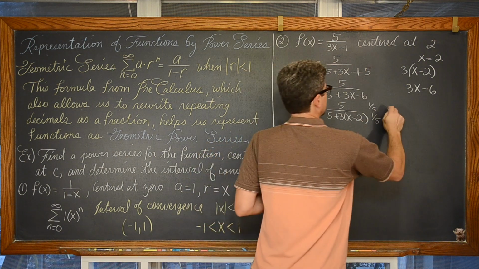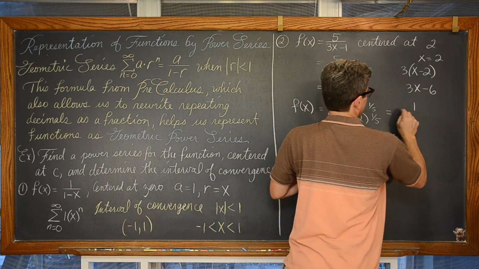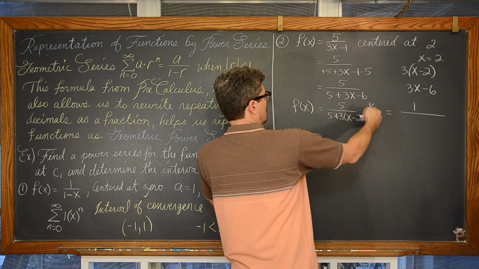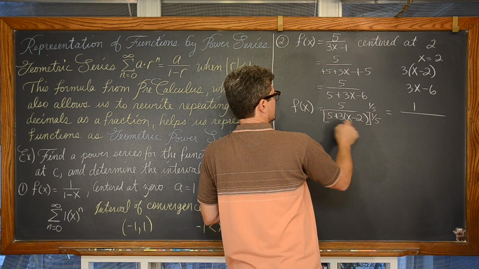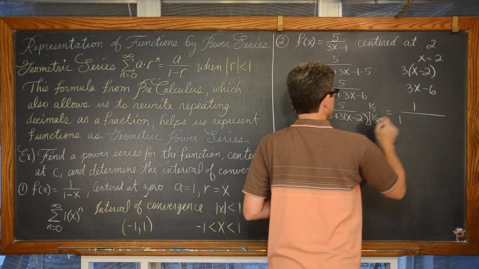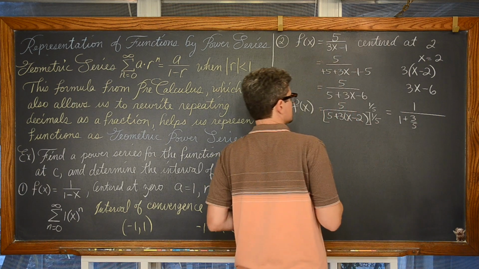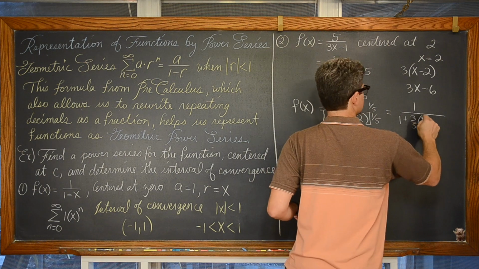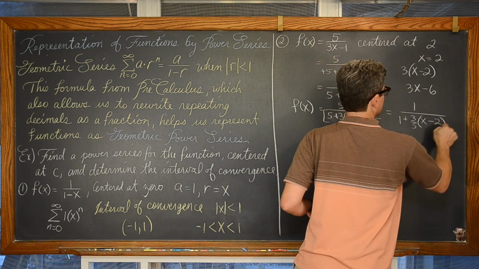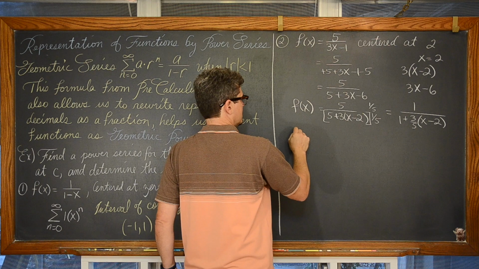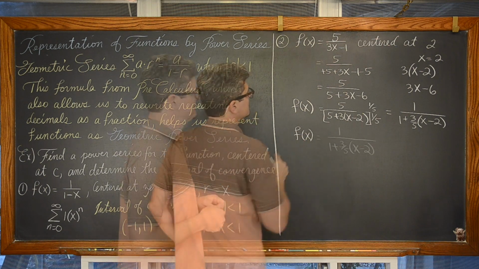And we have 1 over... okay, I didn't need a 1 in the numerator, but we have it. 1/5 times 5 is 1. Now we have plus 3/5 times x minus 2. Now we're looking at f of x.